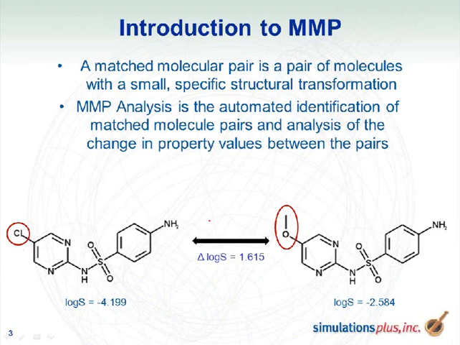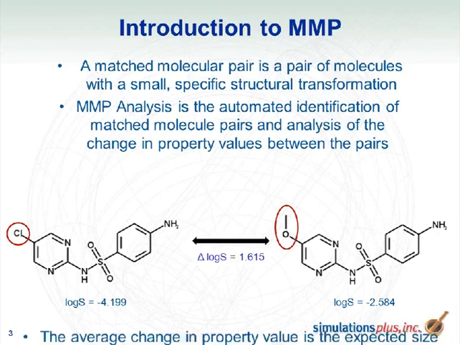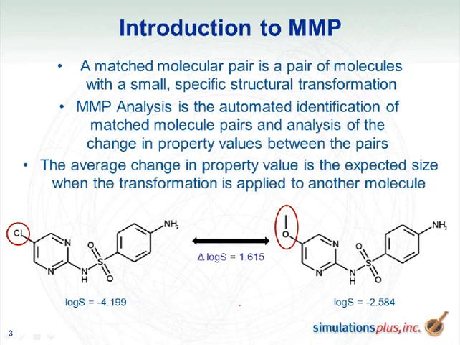Obviously, if you replace a chlorine with a methoxy on an arbitrary molecule, you're not going to get this exact change in solubility, but you'll get a distribution of changes in solubilities, and that's part of the analysis phase. If you take the average of these pairs that have changes in solubilities, then that would be the expected size of the change when the transformation is applied to an arbitrary molecule.